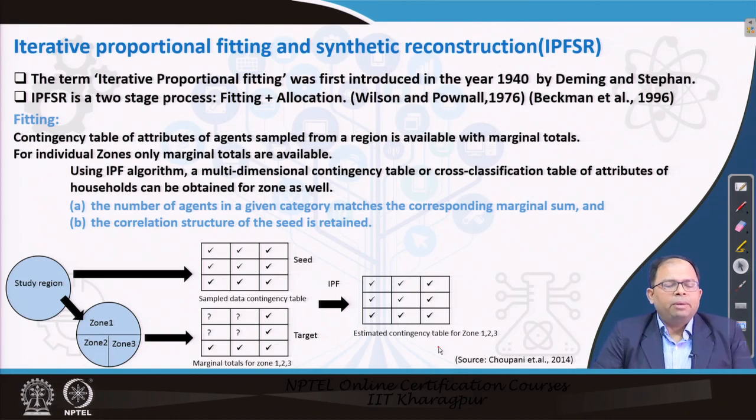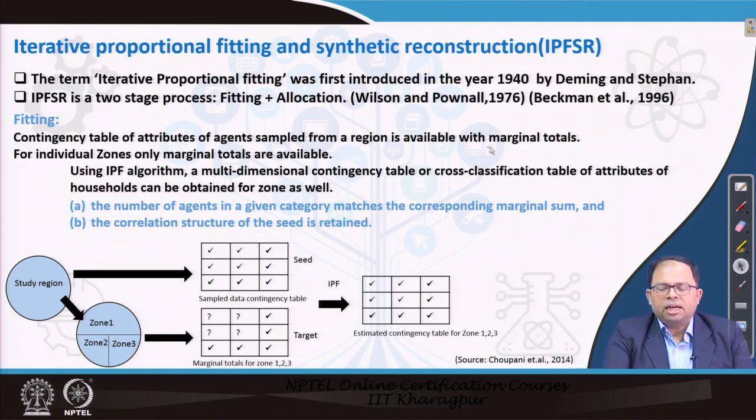So now coming to iterative proportional fitting and synthetic reconstruction technique. We will first cover the iterative proportional fitting part. As you know, this IPFSR technique is in two stages, fitting and allocation, and we will cover the iterative proportional fitting part, which was introduced in the year 1940 by Deming and Stephan. Here, contingency tables of attributes of agents sampled from a region are available with marginal totals.